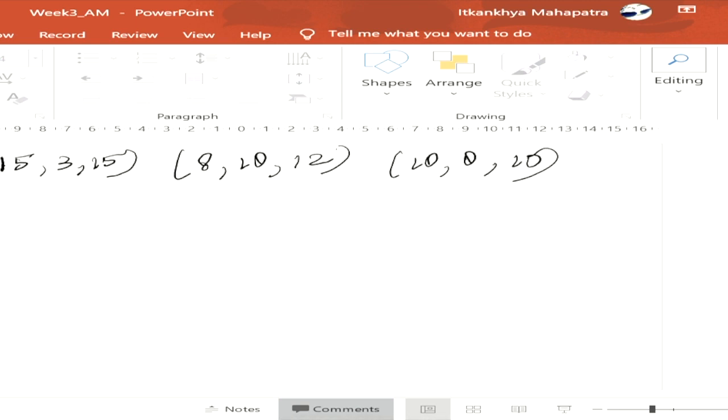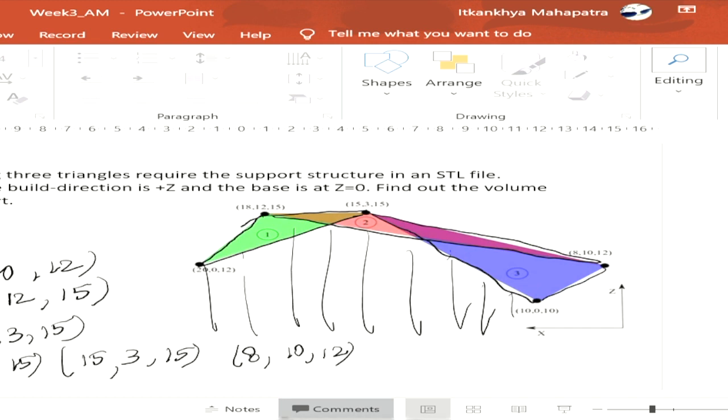Now the method is that we need to calculate the area of each triangle, and after calculating the area, we need to find the volume. Volume is area into average height.